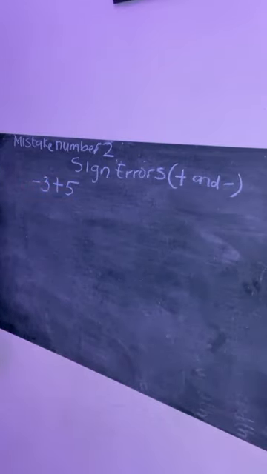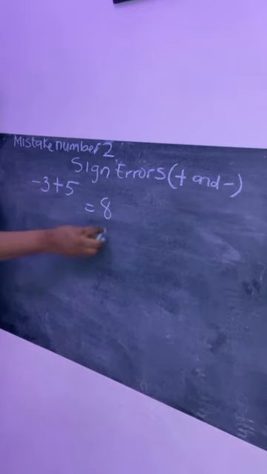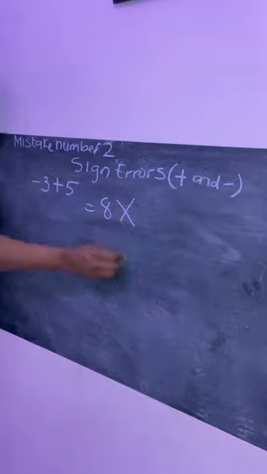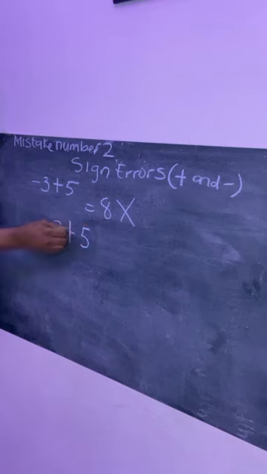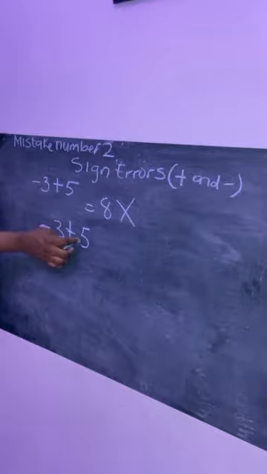Some will just look at it and say, oh, 3 plus 5, and that is 8. This is actually wrong. Remember, we have minus 3 plus 5. This minus here belongs to 3. This plus here belongs to 5.